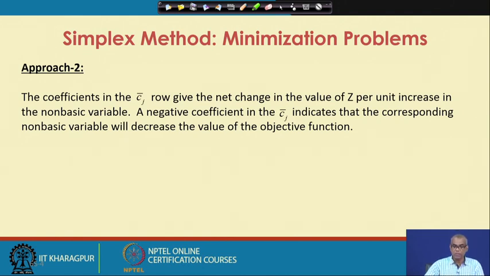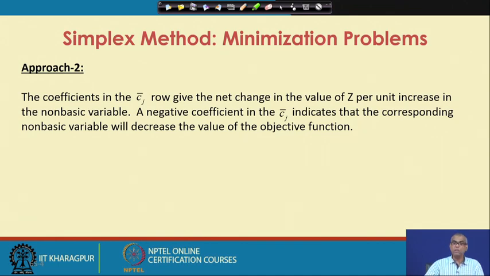A negative coefficient in the Cj bar indicates that the corresponding non-basic variable will decrease the value of the objective function. A positive coefficient represents that the corresponding non-basic variable will increase the value of the objective function.